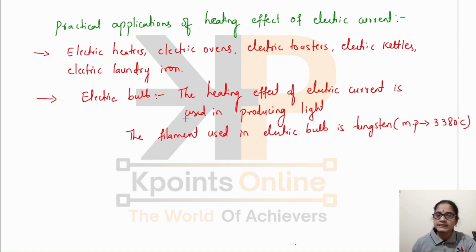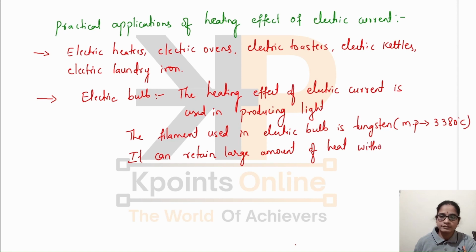It has the capacity to retain the heat, and when it gets heated it will start glowing, which we receive as light. It can retain a large amount of heat without melting, and it will glow when it gets heated.